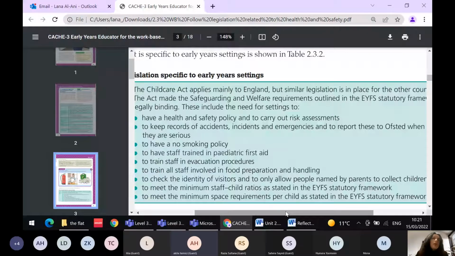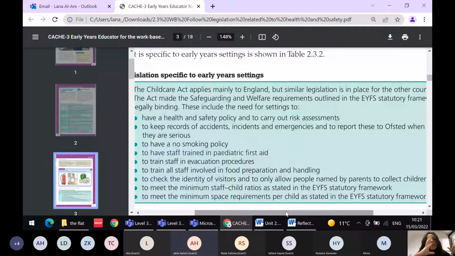Also the minimum space required for each child. So let us say you are planning to open a nursery in the future. You shouldn't just open a nursery and start filling it with kids. No, first of all, you need to register with the council. Second, you need to measure how much space you have, and then you can count how many kids, because there are regulations that tell you exactly that for this age group you need at least this space.